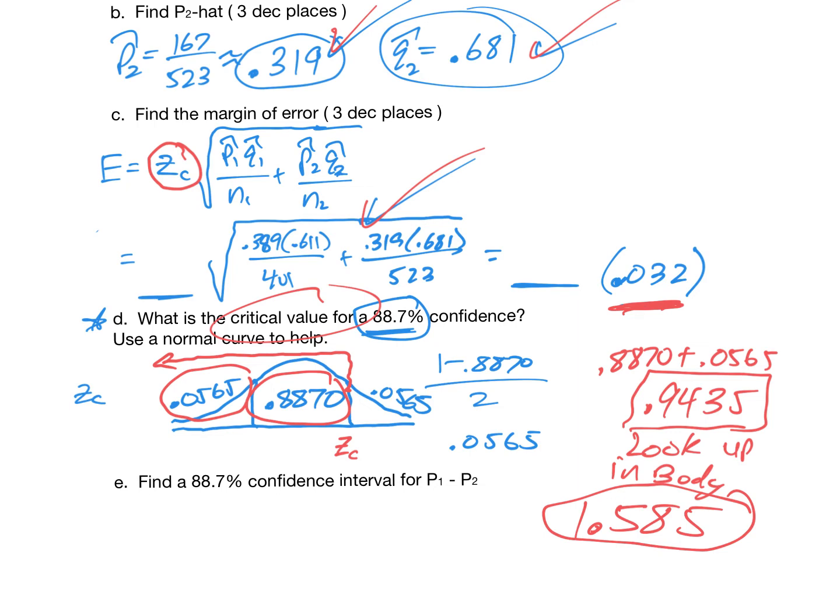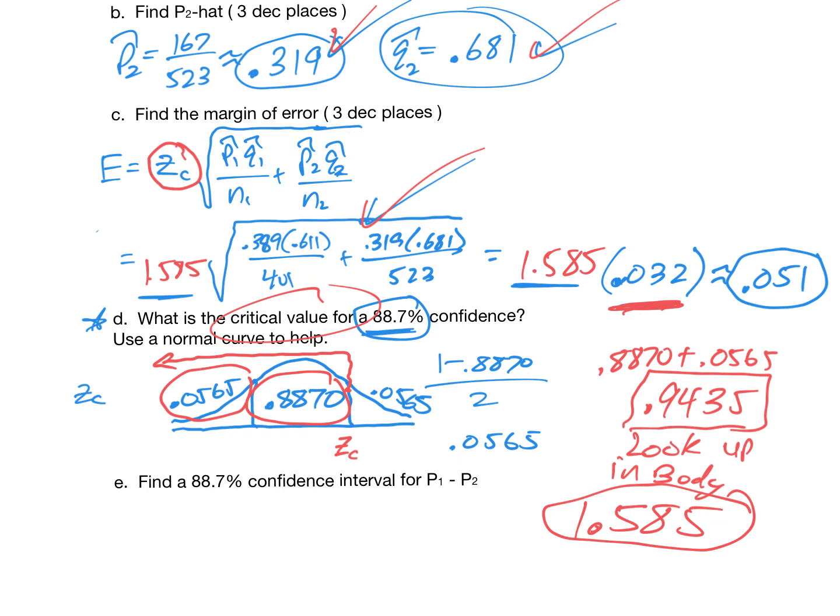So now, everybody, we're ready to finish this up. 1.585 times the square root. When we multiply that together, again 3 decimal places, this yields 0.051. That, ladies and gentlemen, is your margin of error. The other question won't have that middle one.